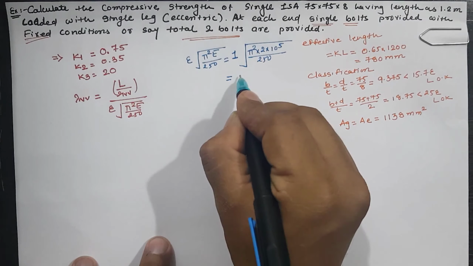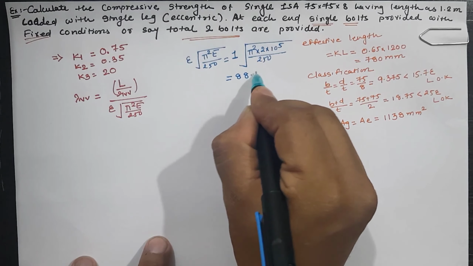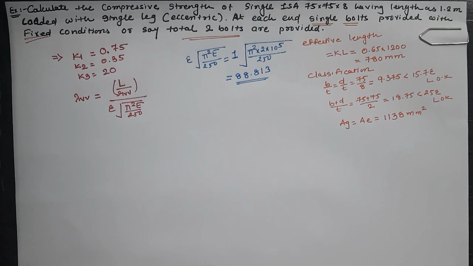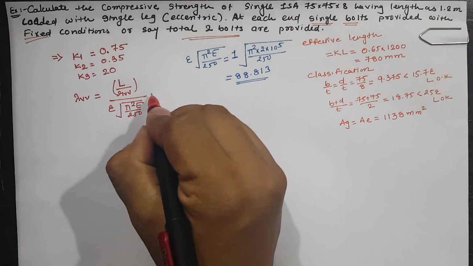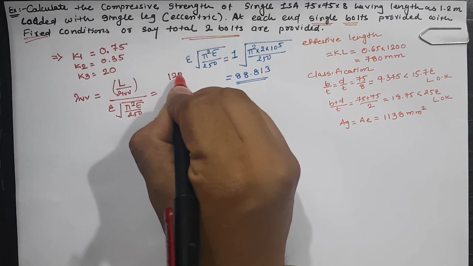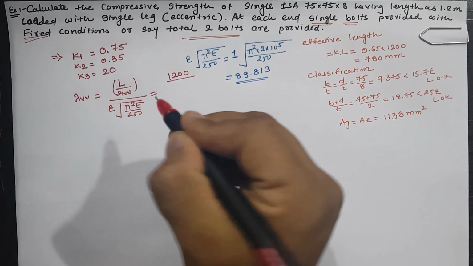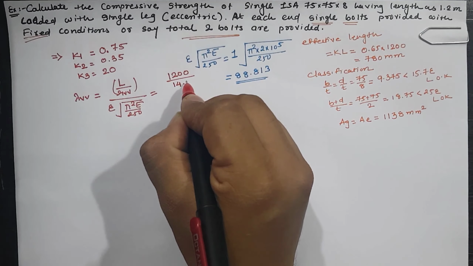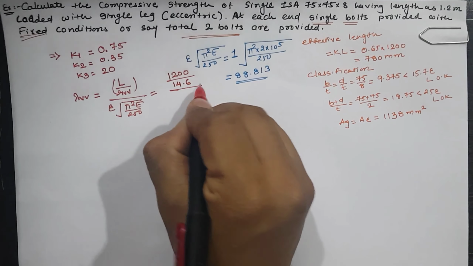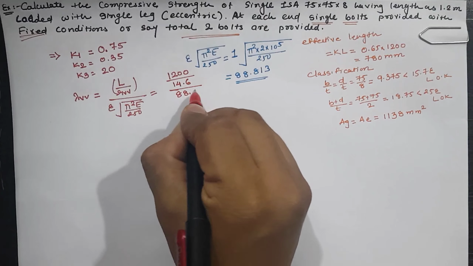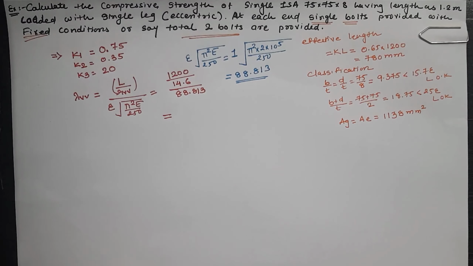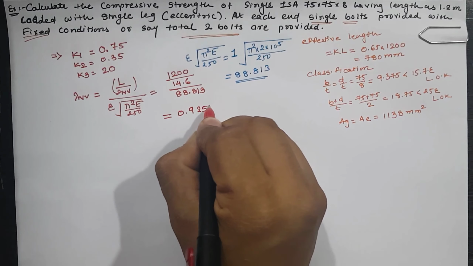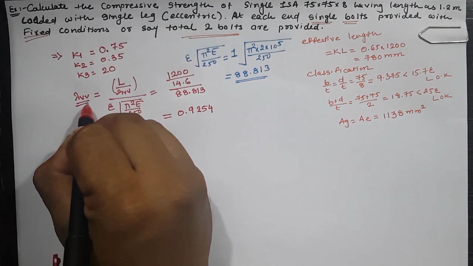We have the denominator part as 88.813. The capital L is 1200 mm, and RVV from the steel table is 14.6 mm, divided by 88.813. The value is 0.9254 as lambda VV.